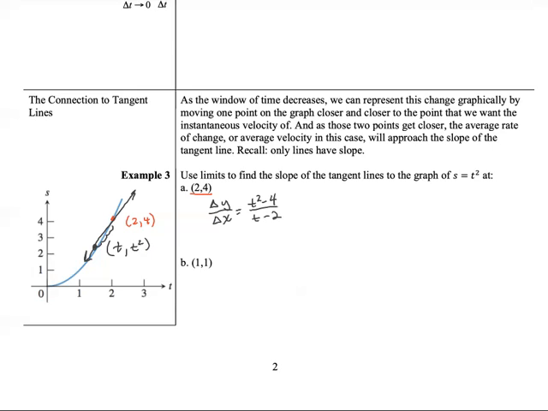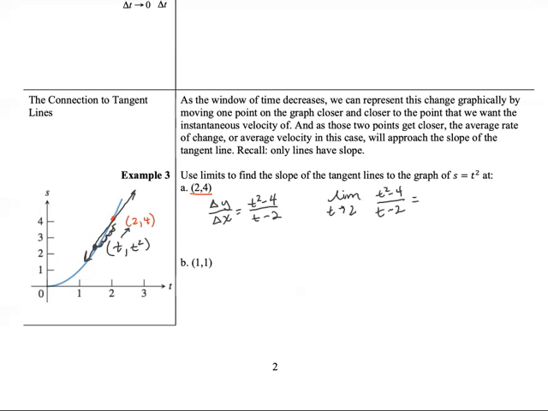Okay, and then to move the point closer and closer to my desired point, I'm going to find the limit as t approaches 2 of t squared minus 4 divided by t minus 2. And then we want to see if we can simplify. Can we simplify? Indeed, we can.